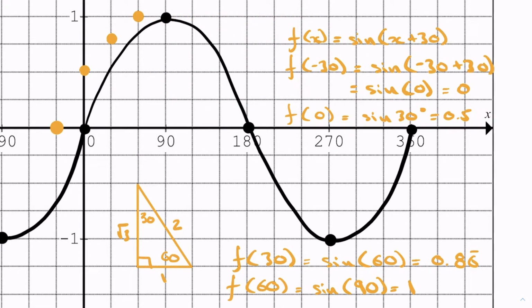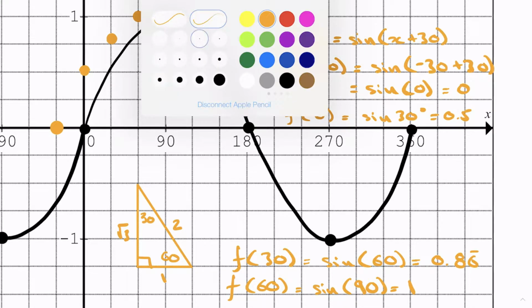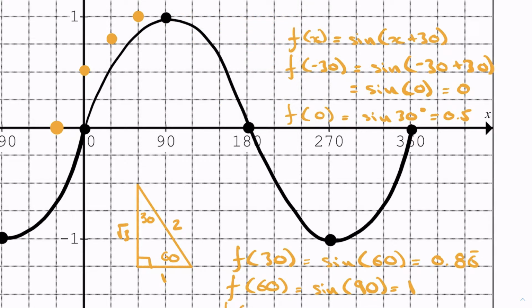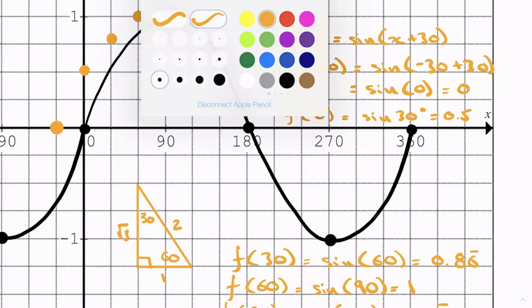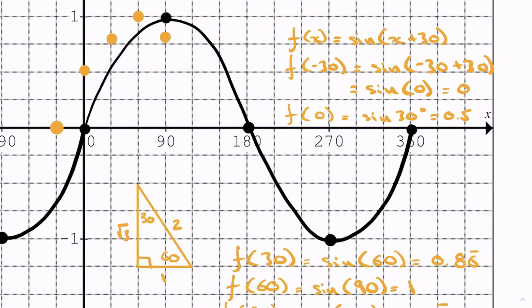And then I get f of 90. That's going to be sine of 90 plus 30, or sine of 120, which is equal to 0.86, repeating. And that's going to bring us over here.